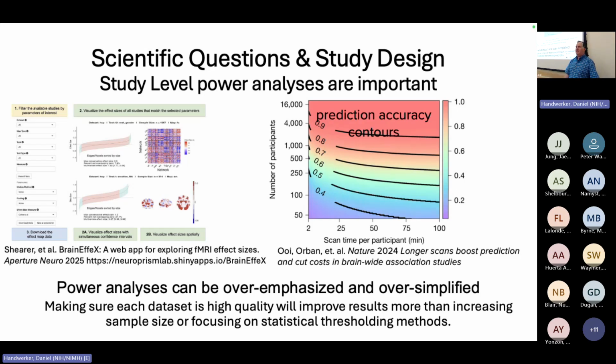I think yes. Another way of phrasing that is, in the end, power is what our effect is and how we measure our effect. So anything that is more tuned to the effect you care about is going to effectively increase your effect size and reduce your sample size. As a general example, let's say you're looking at correlations between time series, like a connectivity analysis, and you're looking at individual correlations between two voxels.